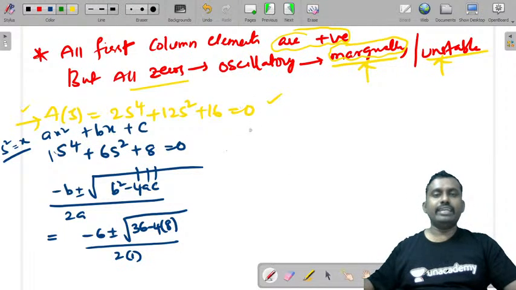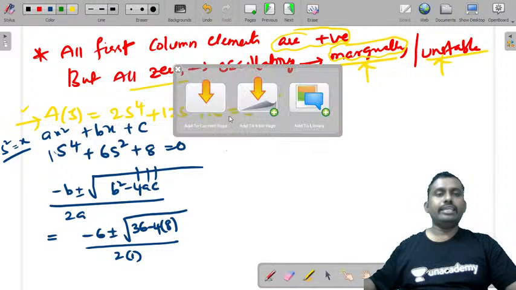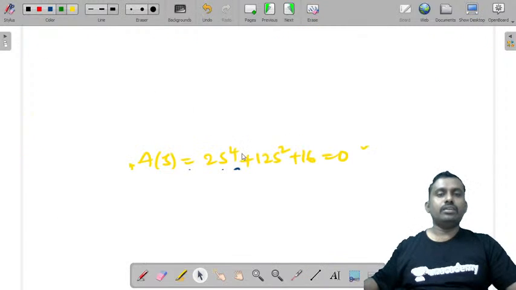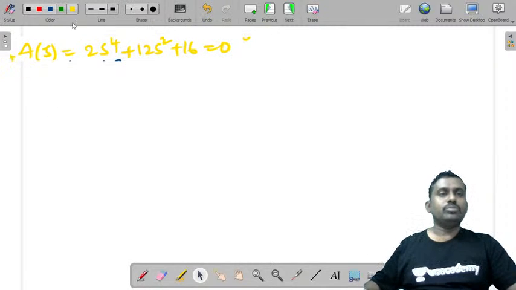Let me be more specific, I'll write here once again. We'll just take this auxiliary equation to the next slide. You can also take it that way, but you can also write it this way, right?